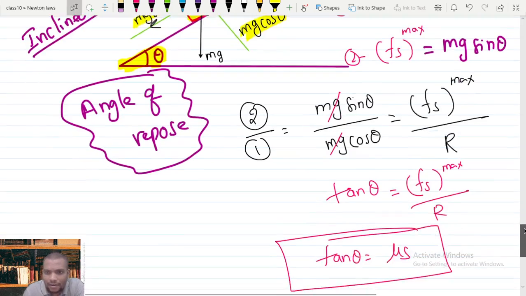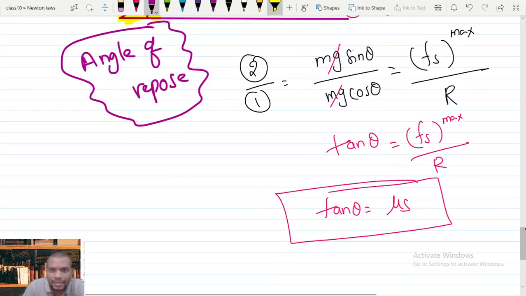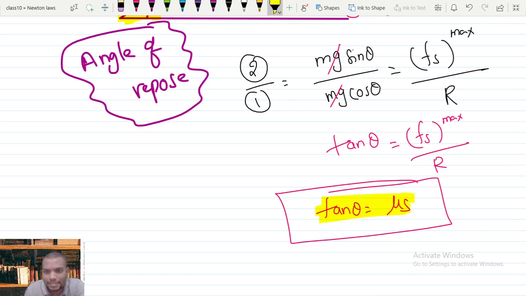So from the angle of repose we can also calculate the coefficient of static friction, mu s.